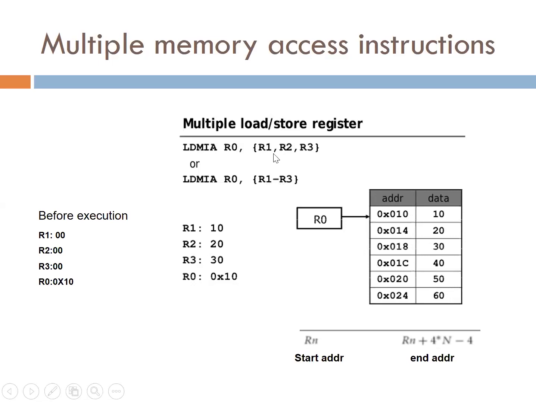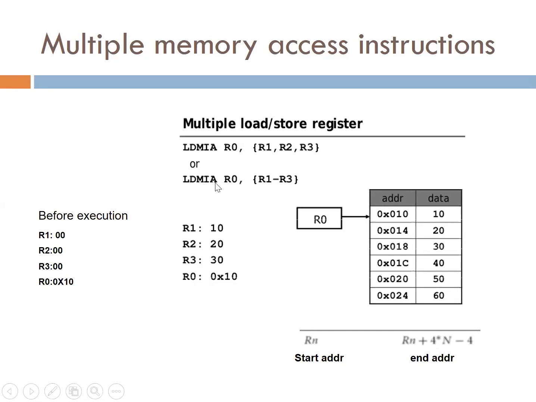Suppose you consider an example of LDMIA R0 comma R1, R3 and R4. Is it continuous? No, this is not a continuous set of registers. So you cannot represent it in this form when the registers are not continuous. As these are continuous, I can use either form. So these are the 2 types of representation.